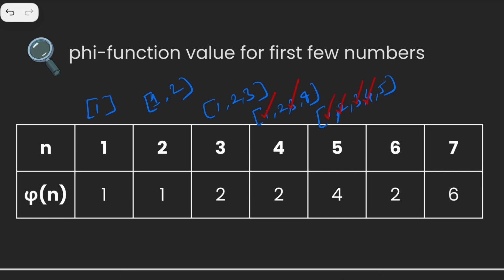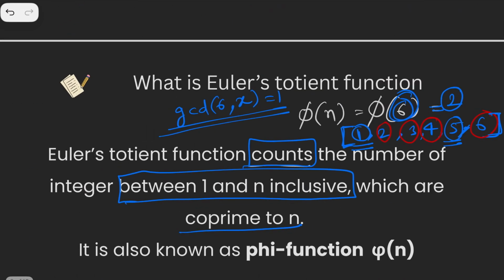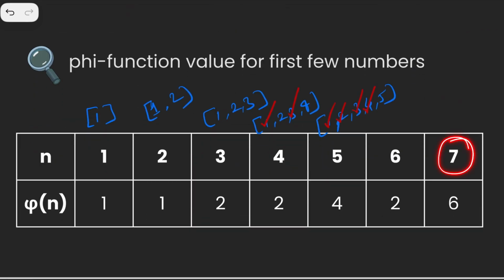That's why the value of phi of 5 is 4. Now for 6 we have already proved that the value is 2. See, 1 is co-prime with 6 and 5 is co-prime with 6. That's why the value is 2. Similarly, you can show for the value of 7 as well. It's going to be 6.